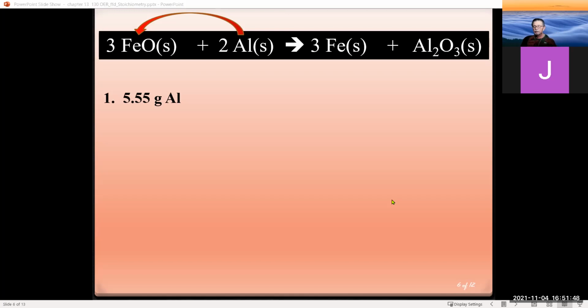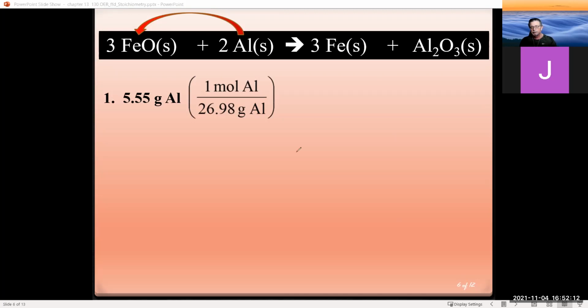I cannot go directly to grams of iron 2 oxide. I have to go through the common unit, which is moles. In order to convert grams of aluminum to moles, I need the atomic weight. The atomic weight of aluminum is 26.98. Where did I get that? From the periodic table.